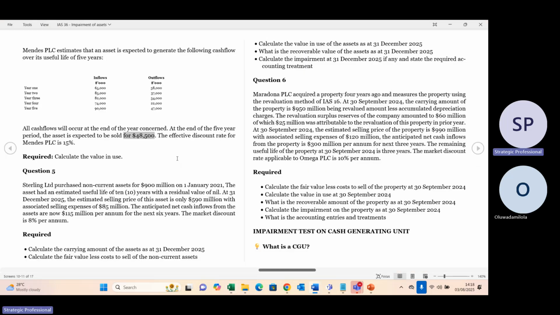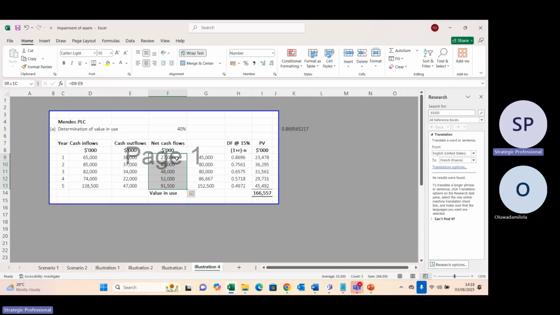So the fact that the examiner did not say anything like that, you would assume that these values are pre-tax. If they are pre-tax, you're not going to do anything. You're just going to calculate your discount factor, multiply it by your pre-tax, and get your present value. But if they are post-tax, the examiner will say it.